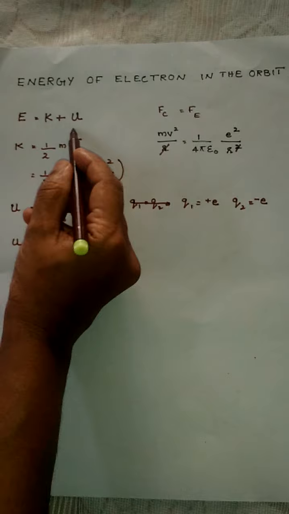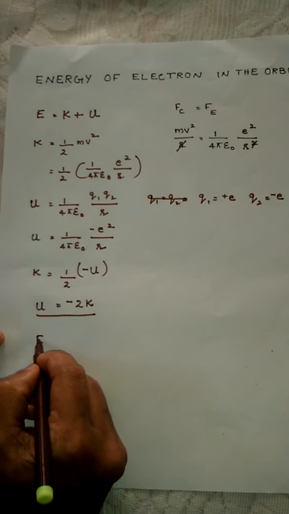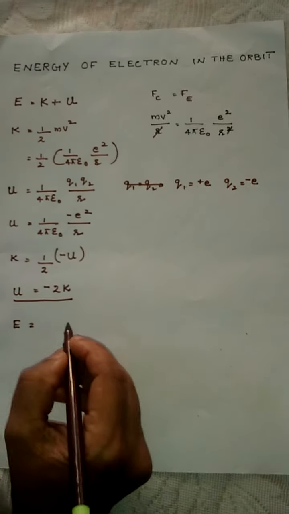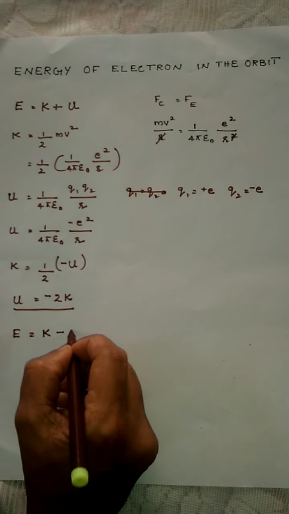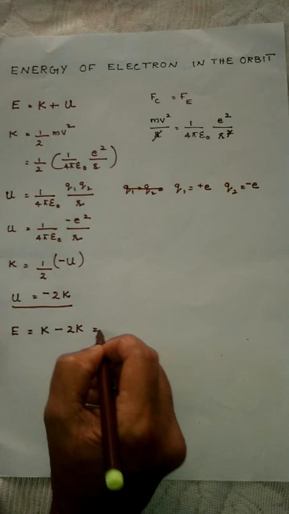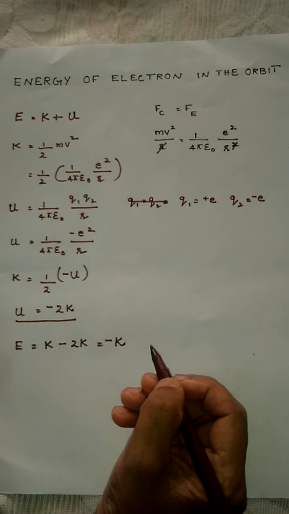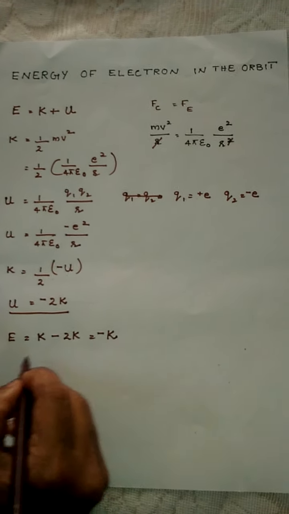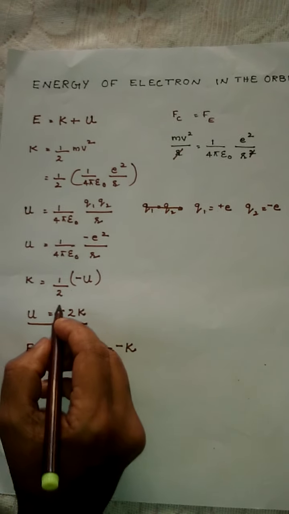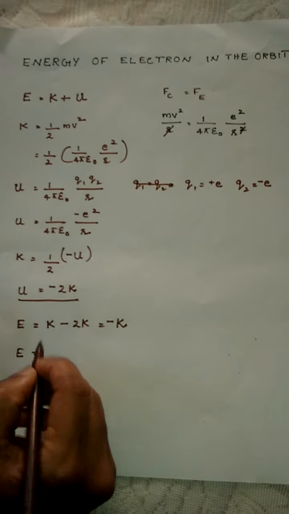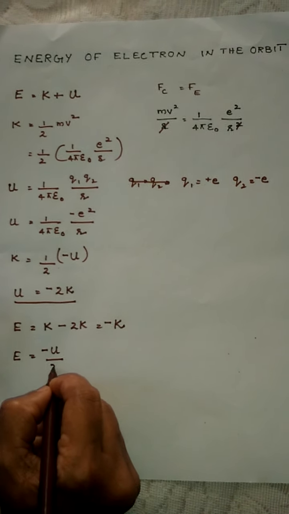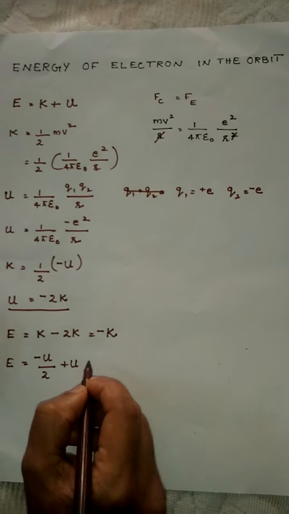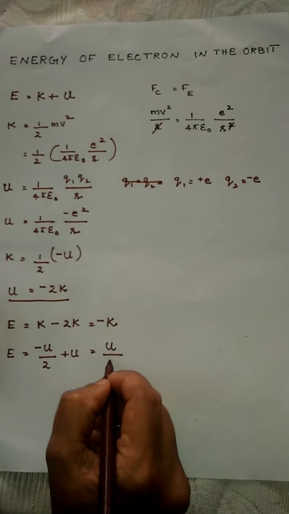And let us find the total energy E. E is equal to K plus U. So we can write K plus U is minus 2K. So total energy is minus K. Or in terms of U, we can write it as E is equal to K plus U, which is minus U by 2 plus U, or that is equal to U by 2.